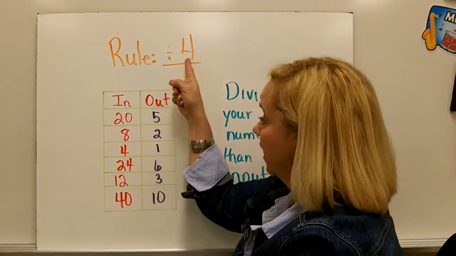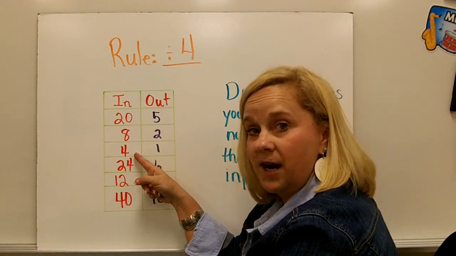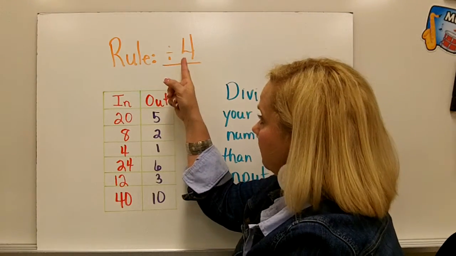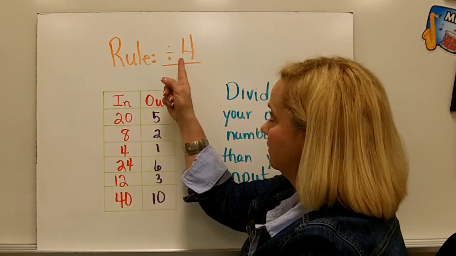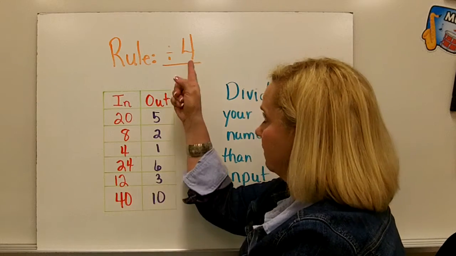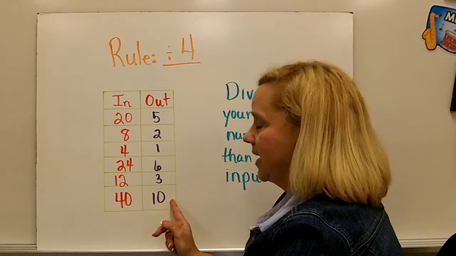8 divided by 4 equals 2. 4 divided by 4 equals 1. 24 divided by 4 equals 6. 12 divided by 4 equals 3. 40 divided by 4 is 10.